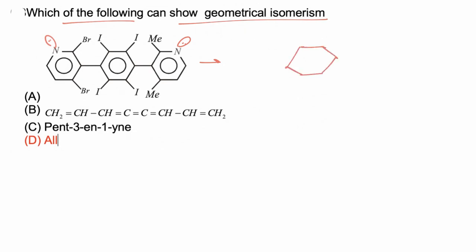Now due to the presence of bulky groups at the ortho position, rotation is restricted, so these cannot be converted into one another just by rotating the bond.